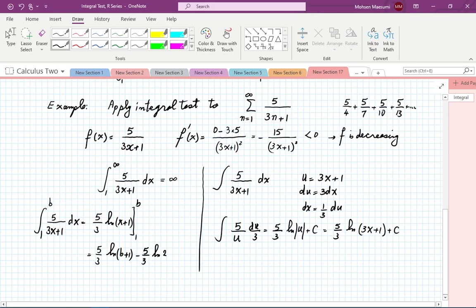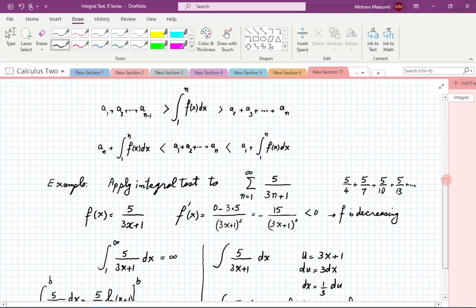So in short, if you just have a logarithm of x or an expression similar to that, then the integral ends up being infinity. So what does that imply for us? If the integral becomes infinite, the sum will also become infinite, and therefore we can say that the series diverges. So what does it mean in this case?